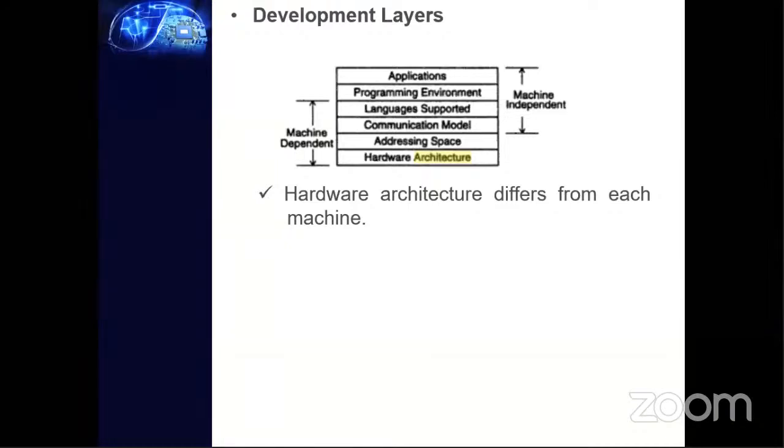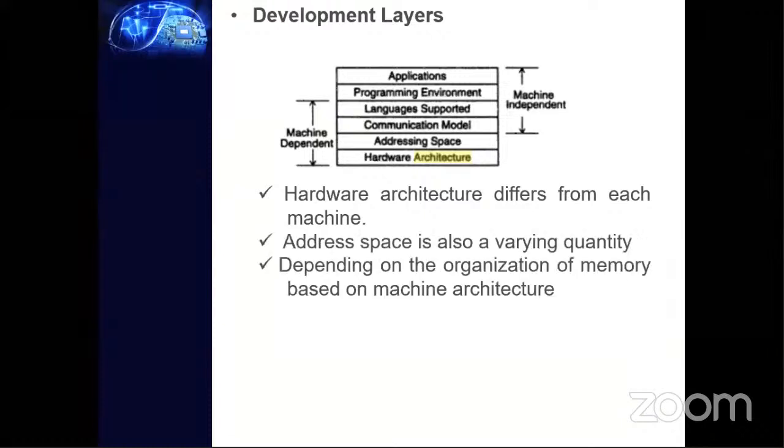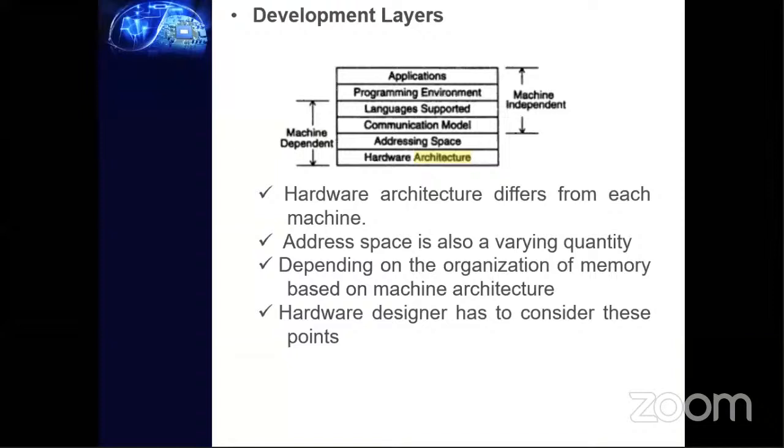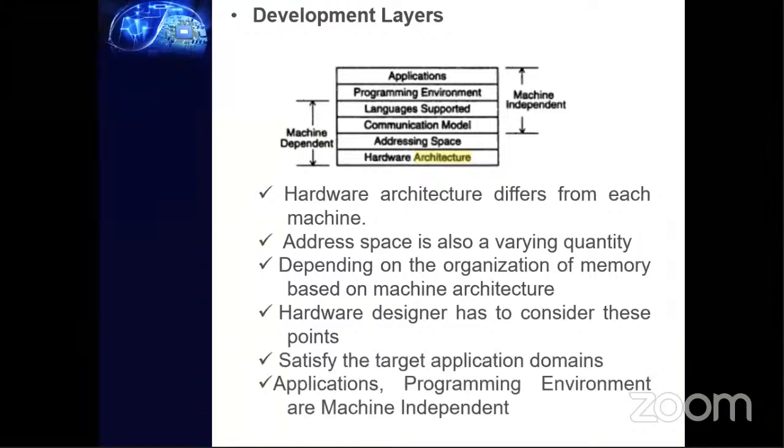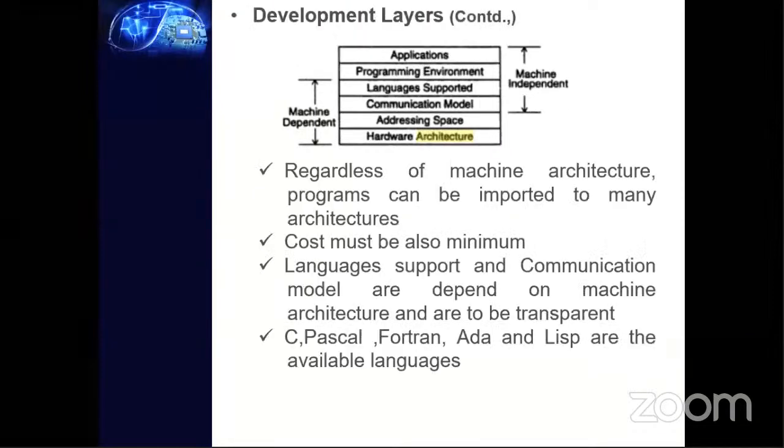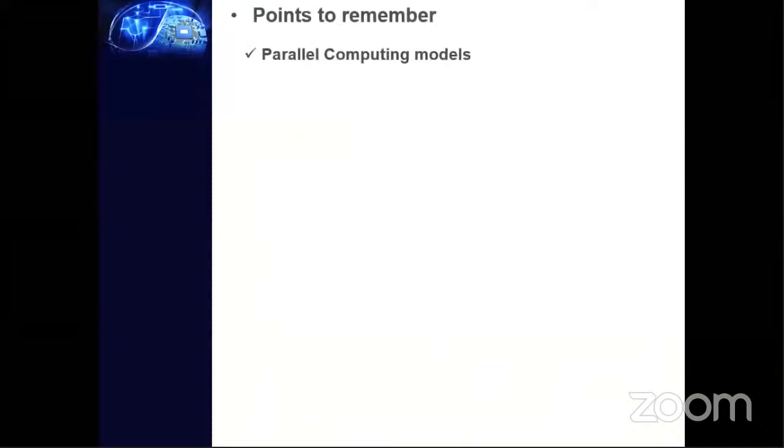Either they depend on the machine or are independent of the machine. So both language supported and the communication model are placed in between machine independent and machine dependent. So these are all the points that we have seen so far.